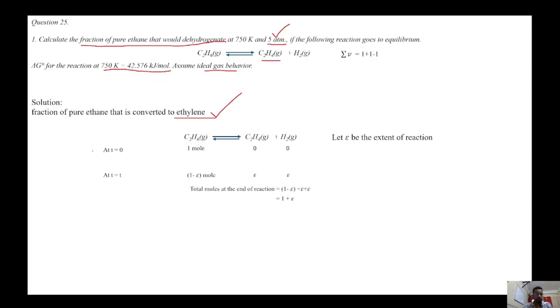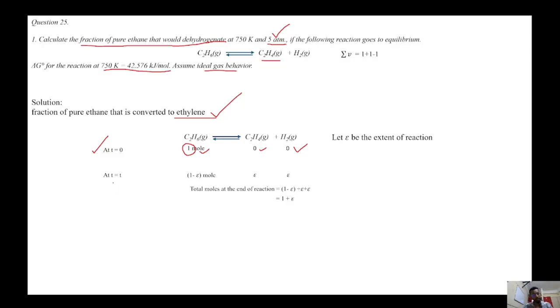At t equal to 0, before starting the reaction, suppose I choose 1 mole of ethane that we are feeding to the reactor. Ethylene we are getting 0, and hydrogen also 0, because at t equal to 0 the reaction is not happening.